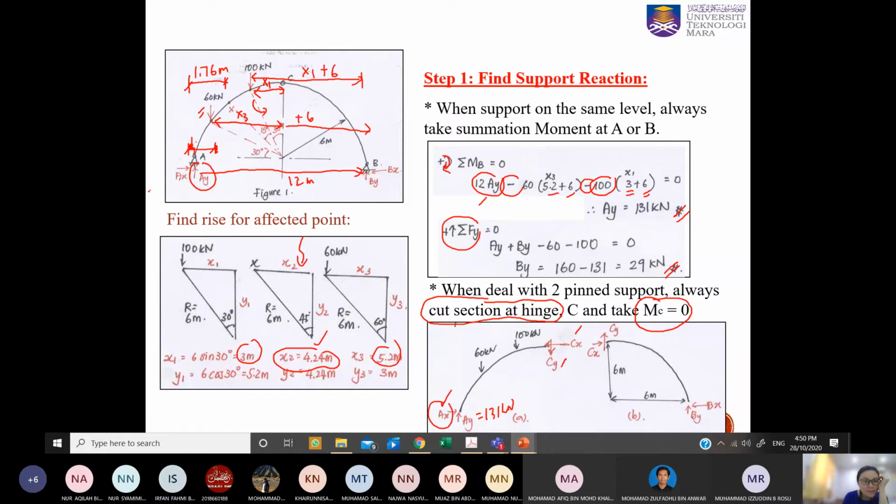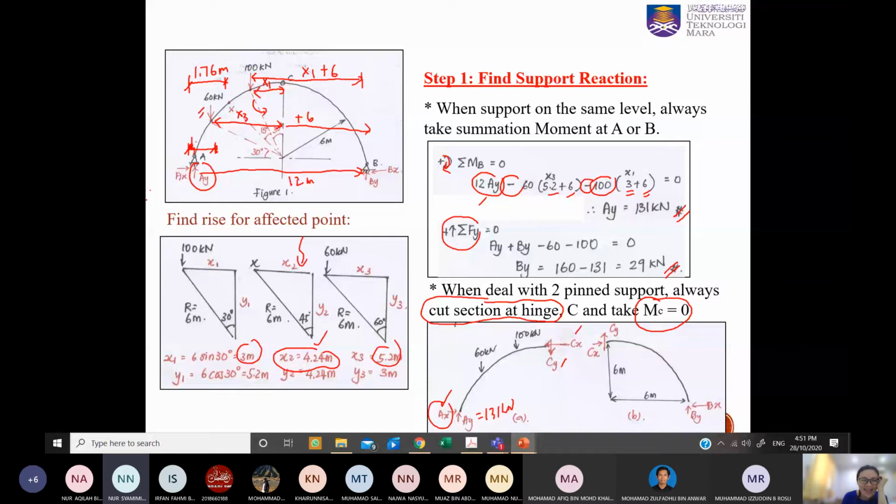Length from X. Okay, 6 minus x3? Yes. 6 minus x3. We got 0. No, 6 minus 4.24, x2.